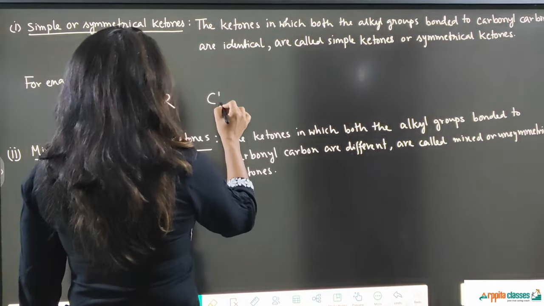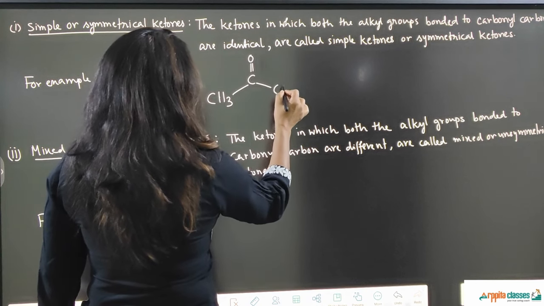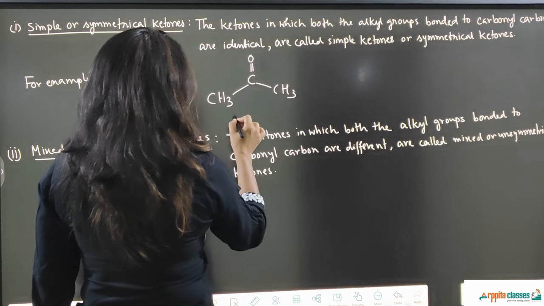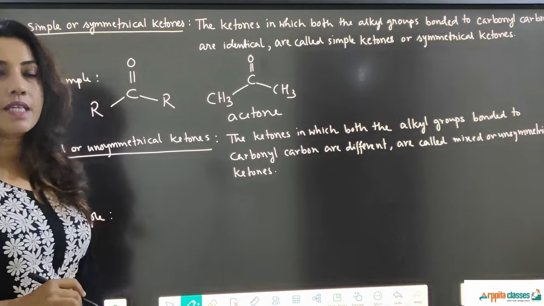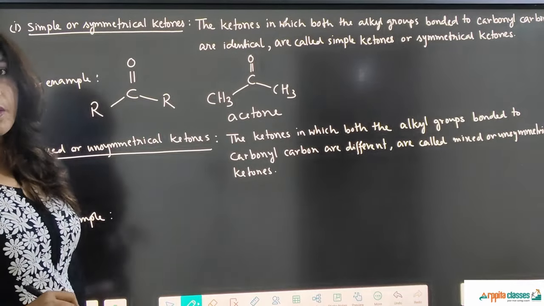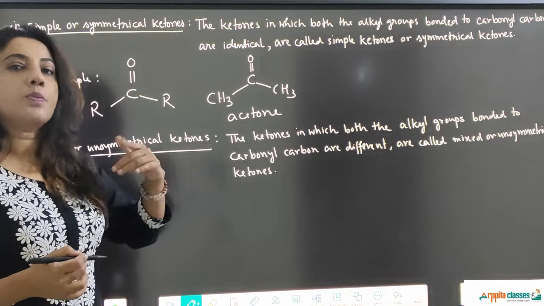For example, suppose I have CH3, C double bond O, CH3. This particular compound is called acetone. The common name of this compound is acetone, or in IUPAC we call it propanone because it's a ketone of 3 carbon atoms. So it is propanone.